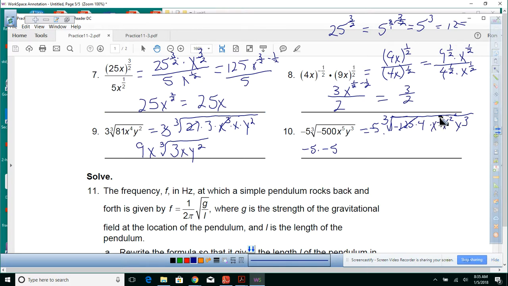I can take an x out, and I can take a y out, and then what's left in there? 4x squared. So negative 5 times negative 5 is 25xy times the cube root of 4x squared. And there's your final answer. All right, we can kind of work with those.